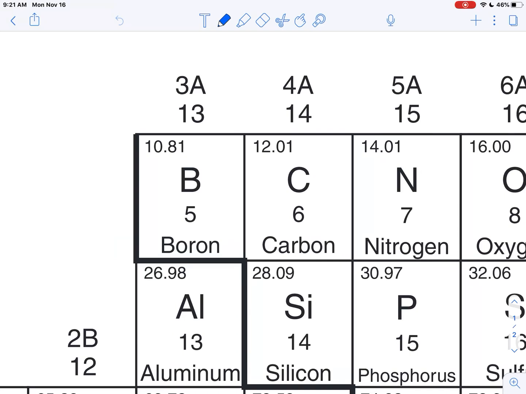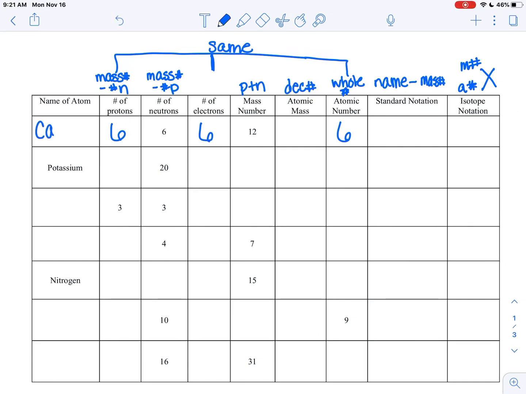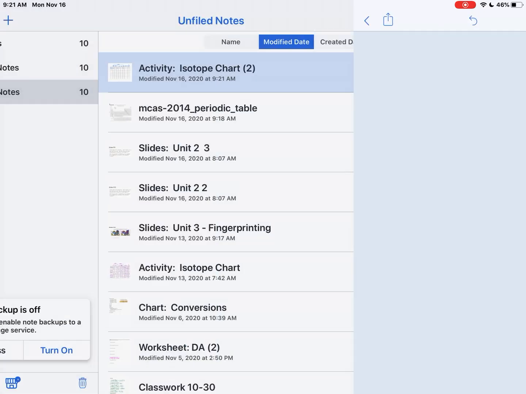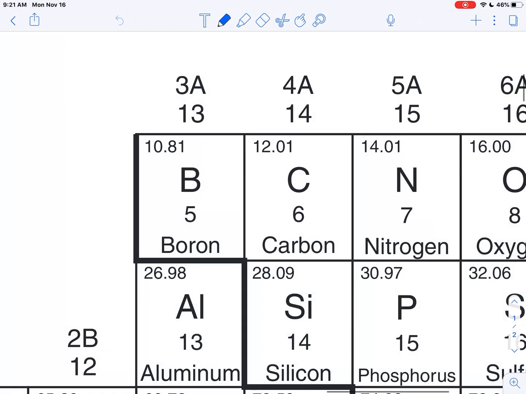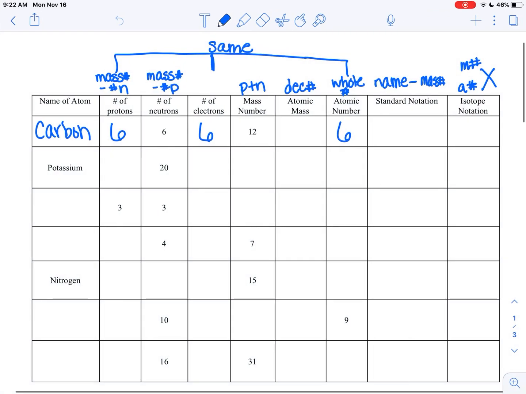So we can write carbon right here. Our periodic table also tells us our atomic mass. If we look at our little carbon box here, our decimal number, 12.01, we can fit right here.